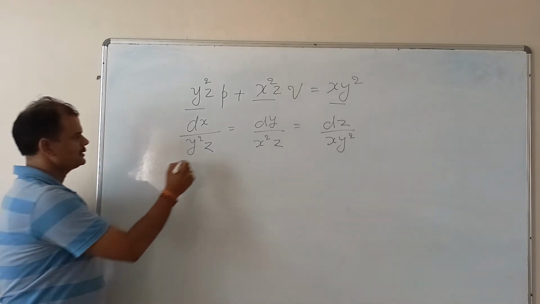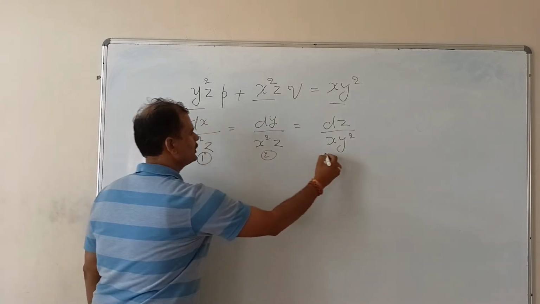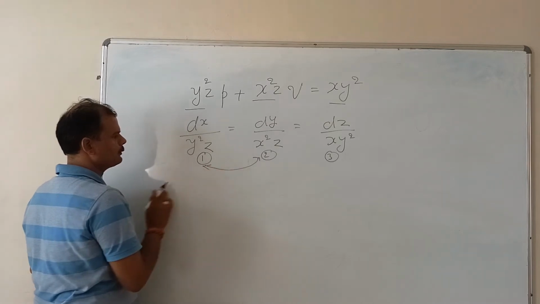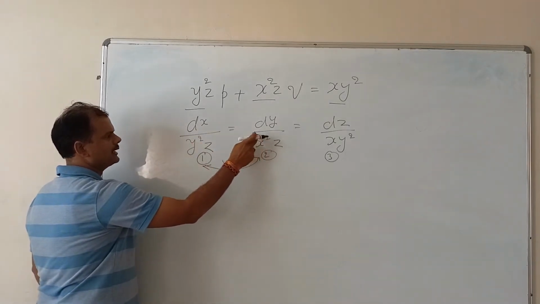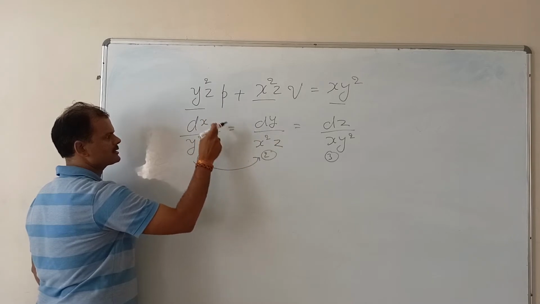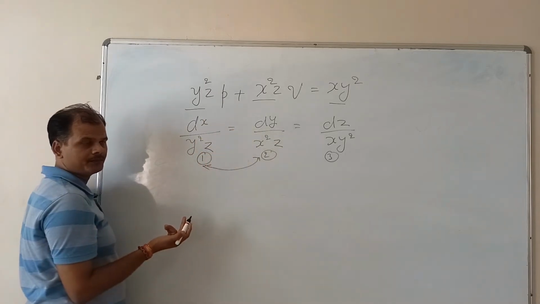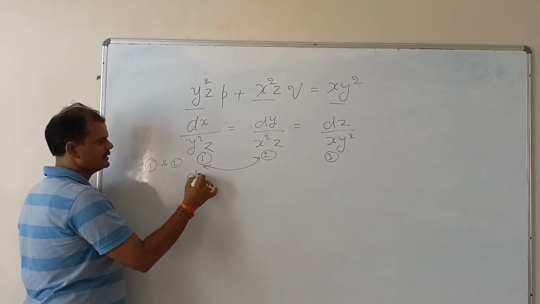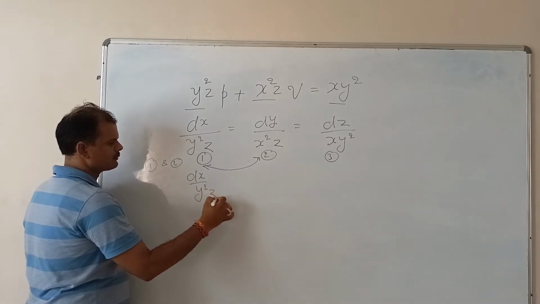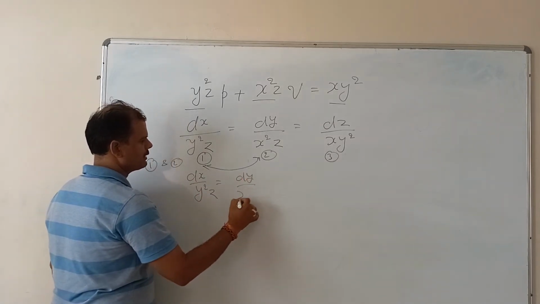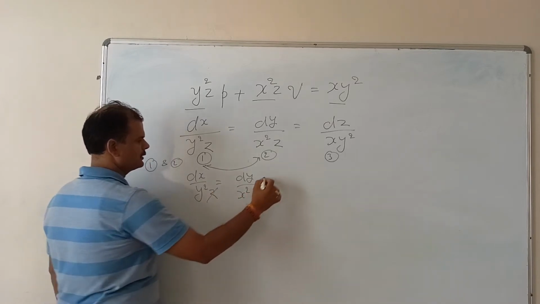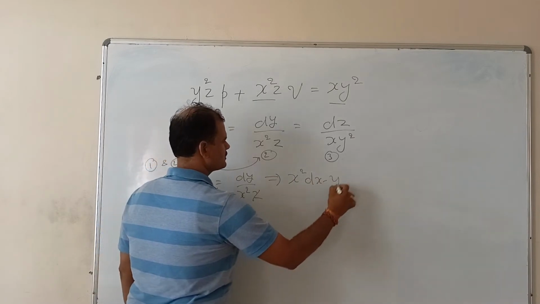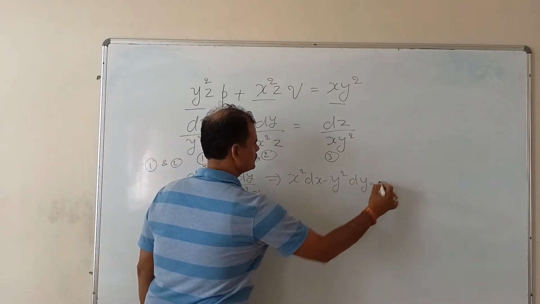Now these are the ratios 1, 2, 3. If I take 1 and 2, it's very simple. z will be cancelled and by cross multiplication, x square dx minus y square dy equal to 0. So I am taking fractions 1 and 2: dx by y square z equal to dy by x square z. Z gets cancelled, so we get x square dx minus y square dy equal to 0.